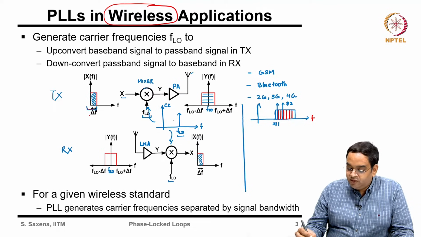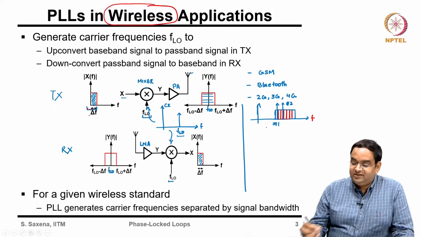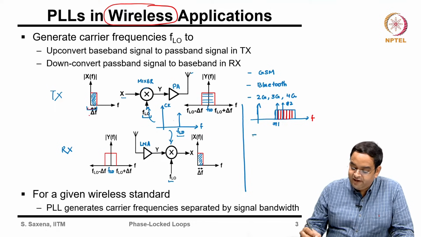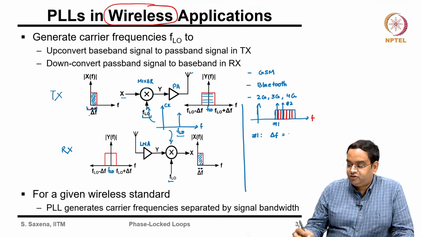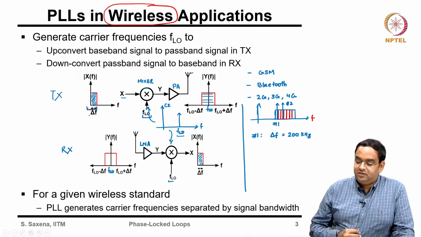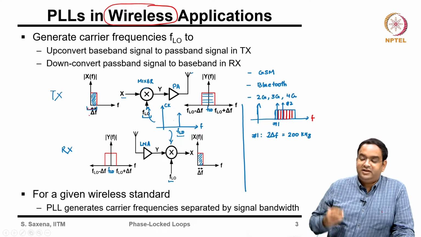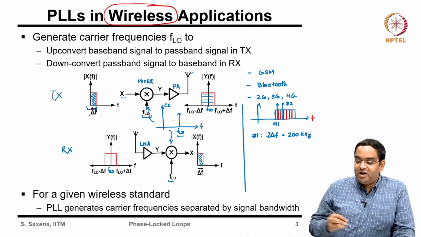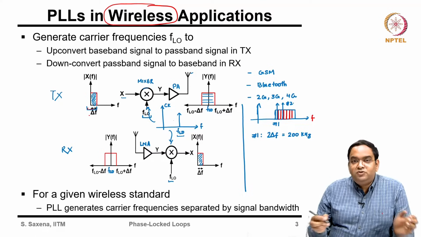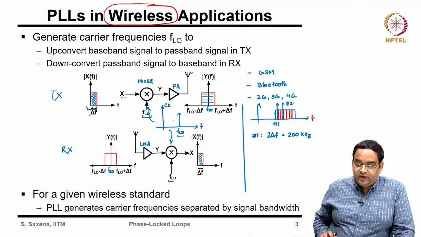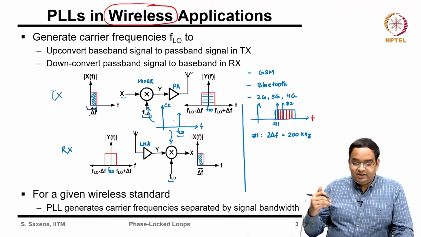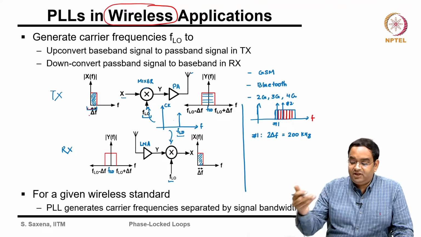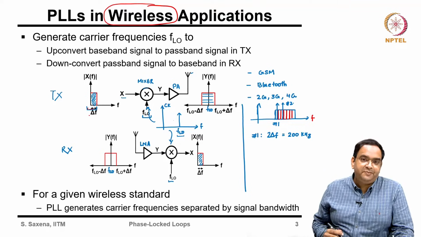So, user number 1 in case of GSM will have the delta f bandwidth. Delta f bandwidth is going to be only 200 kilohertz. Sorry, this is 2 delta f like this. Okay. So, you have 200 kilohertz bandwidth, and there will be multiple users which are sitting close by, and each user is given a certain bandwidth in a given area at a given instant of time.